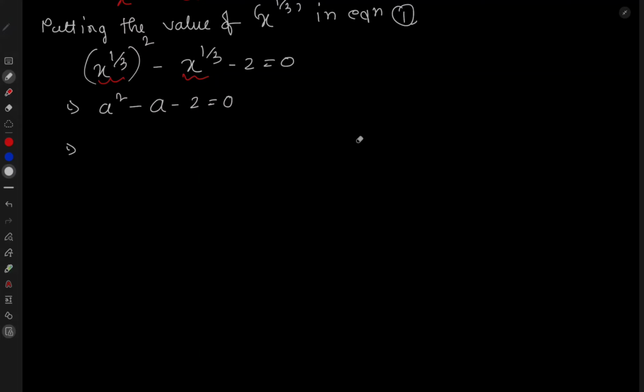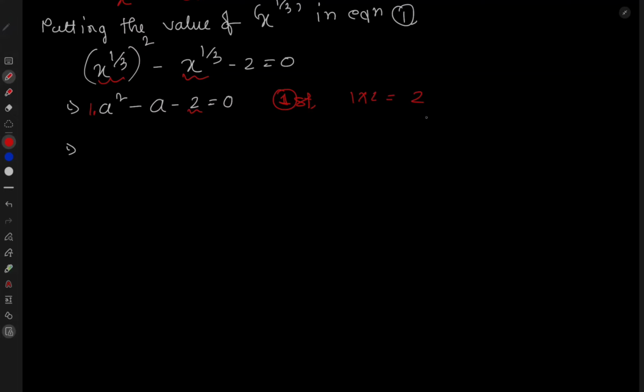So in the middle term splitting method, first we need to take the product of the coefficient of the square term and the constant. The coefficient of the square term is 1 and the constant term is 2. So the product of 1 into 2 is equal to 2.